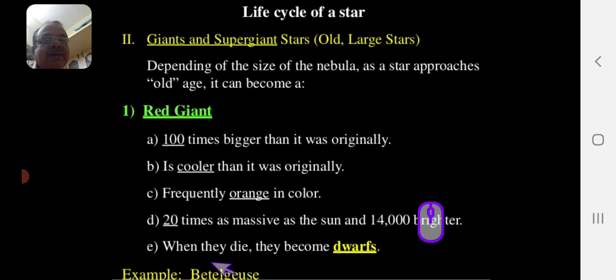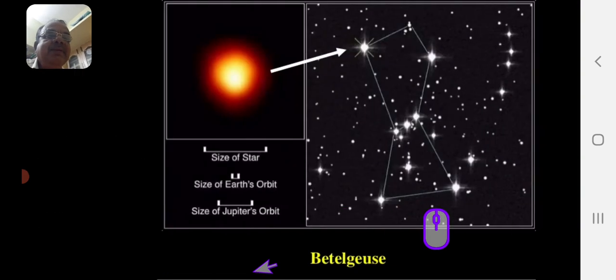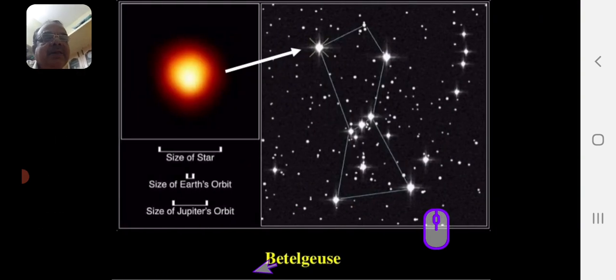That stage is called the dying of stars. When they die, they become dwarfs. An example of such a star is Betelgeuse, which is a red giant star.